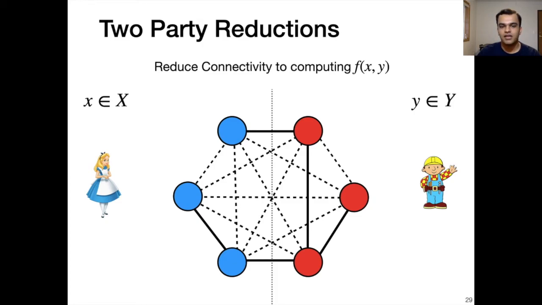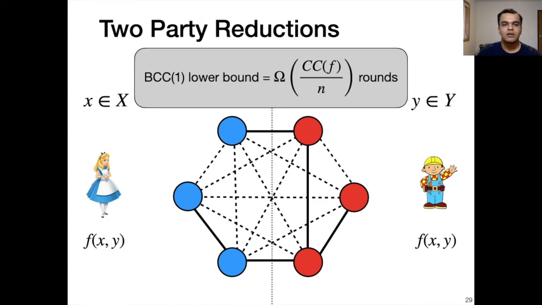Then they run a T-round BCC1 algorithm such that at the end of the algorithm they will know the value of f of x, y by computing the output of each node that they host, along with the messages received from the other party. This gives us that a BCC1 lower bound is at least the communication complexity of f divided by n rounds, because in order to simulate each round of the BCC1 algorithm, Alice and Bob need to exchange n bits that were broadcast by each of the nodes in the network.